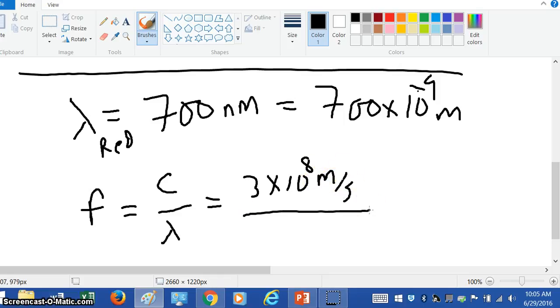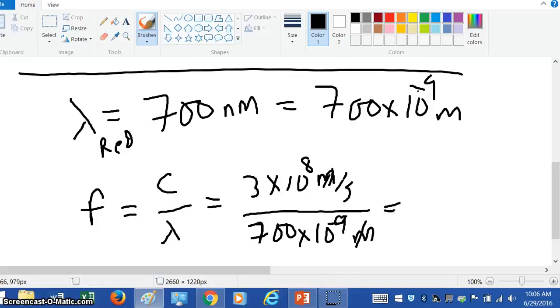This time we're dividing by 700 times 10 to the minus 9th meters. And of course the meters cancel, and that leaves you with 1/seconds, which of course is hertz. That's exactly what we mean by hertz.